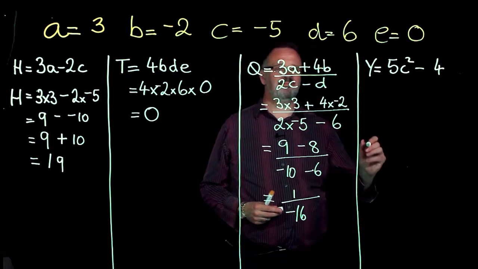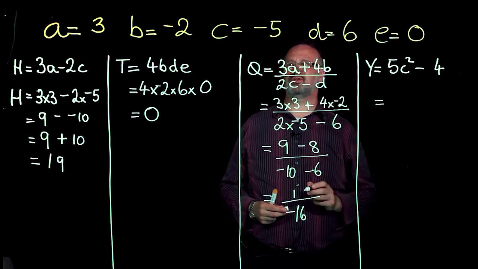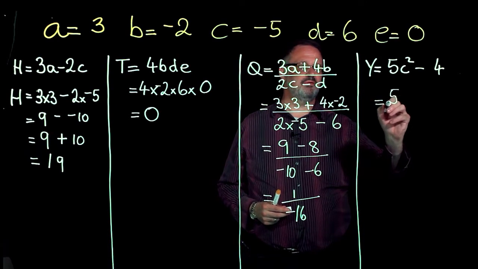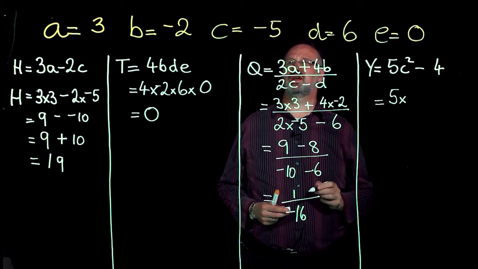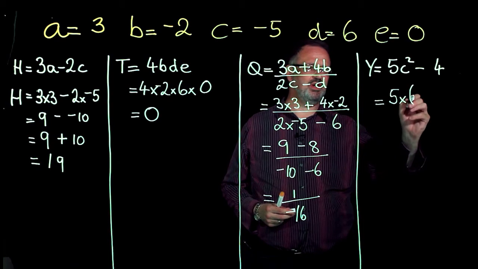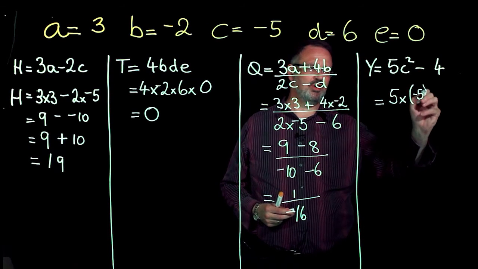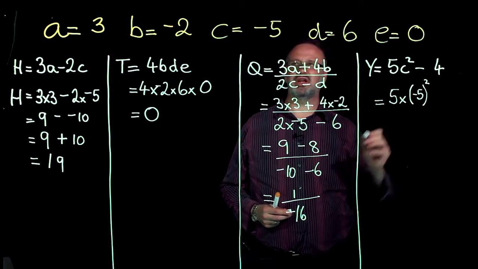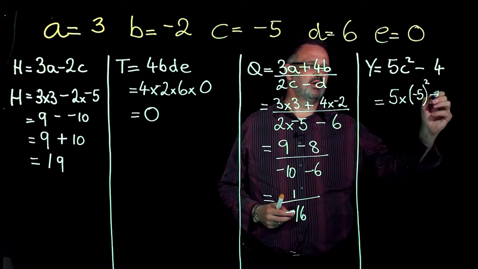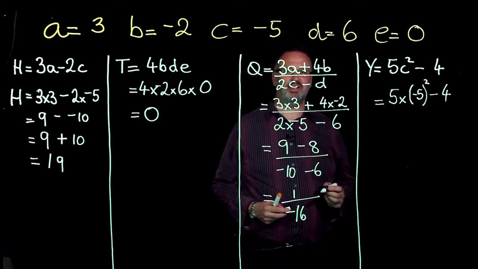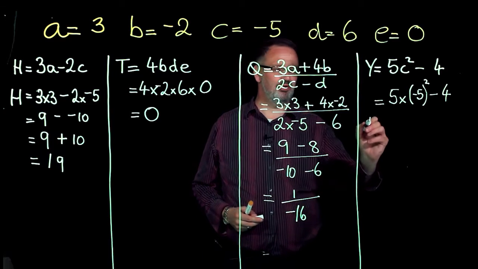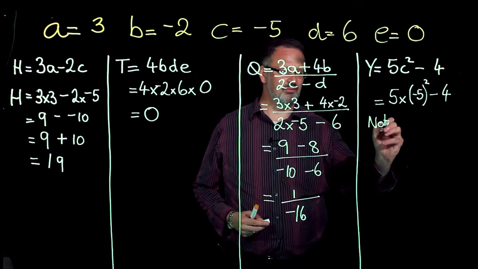The last one, y equals 5c squared. 5 times -5 squared. Now I'm just going to put these in brackets here so that I don't fall into any pitfalls. -5 squared take away 4. -5 squared, I'm just going to put a little note here to myself.